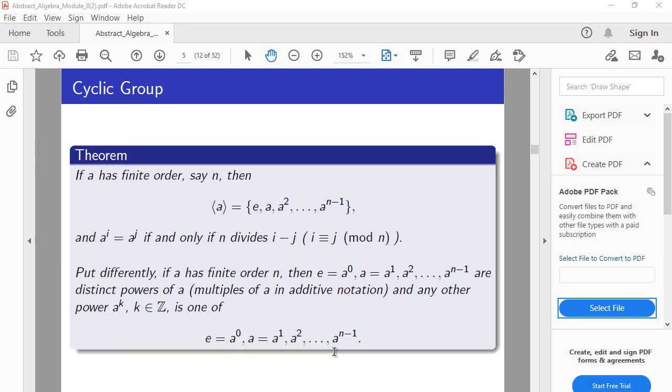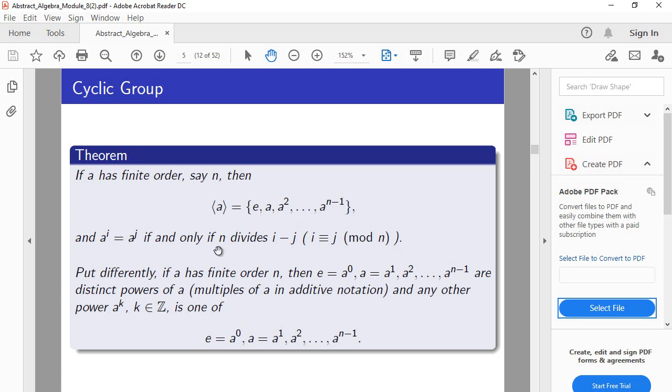Okay, so to prove this theorem, pretty much we have to prove this statement right here, that a to the i is equal to a to the j if and only if n divides i minus j, or a to the i and a to the j are equal if and only if i is congruent to j mod n. Because once we prove this, notice that none of these powers here are congruent to each other mod n.